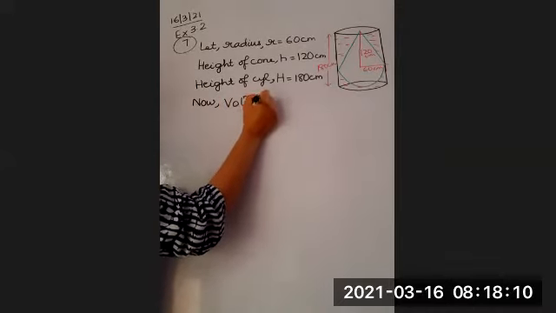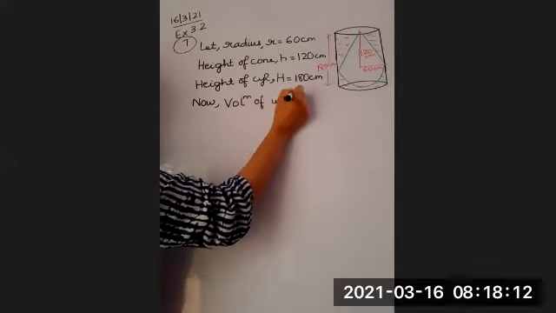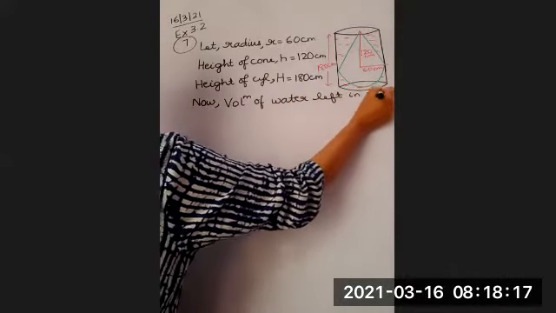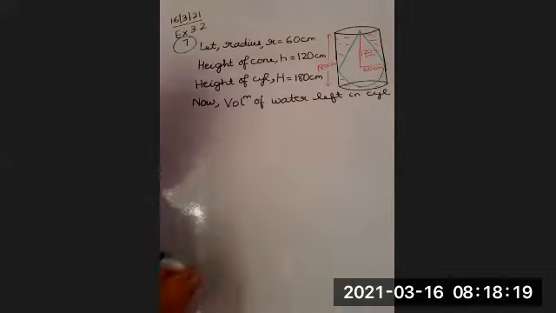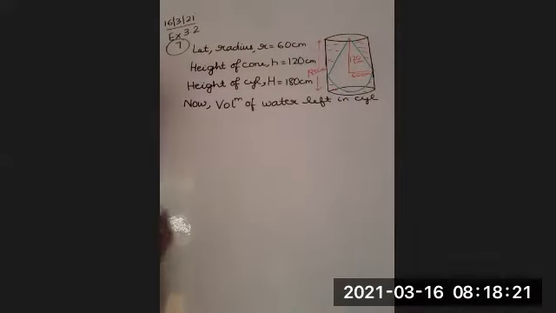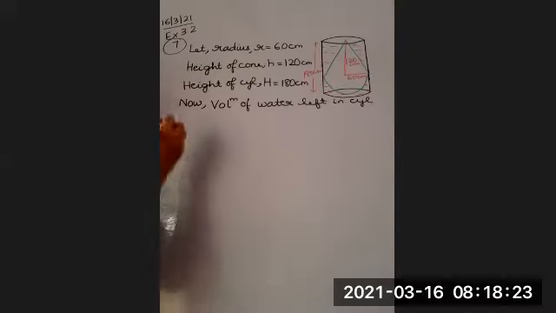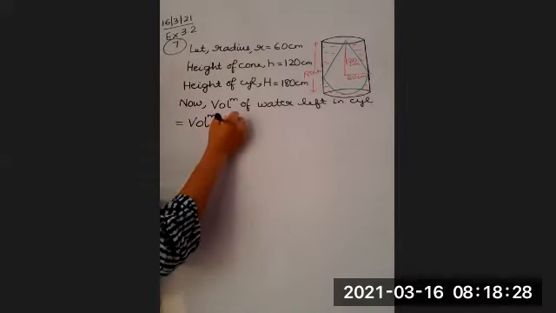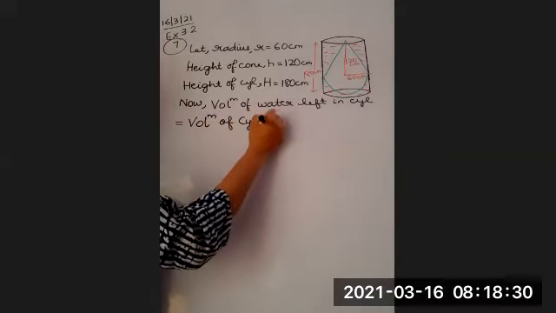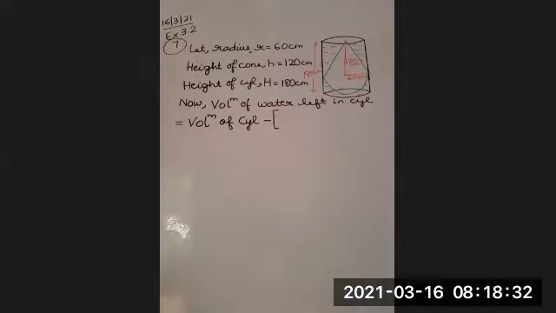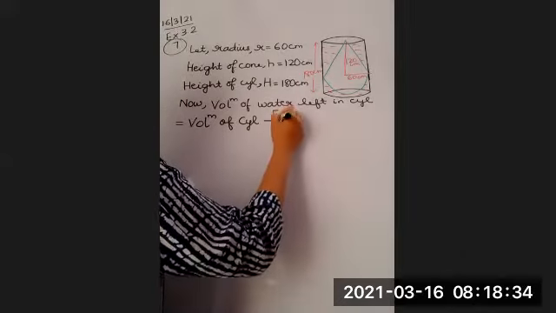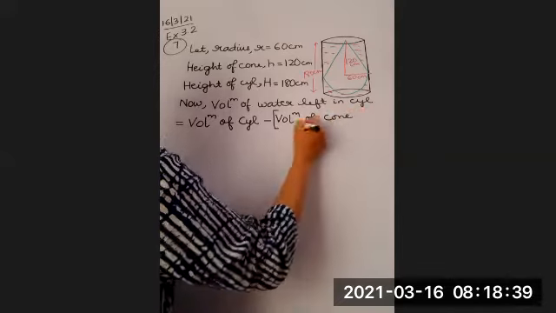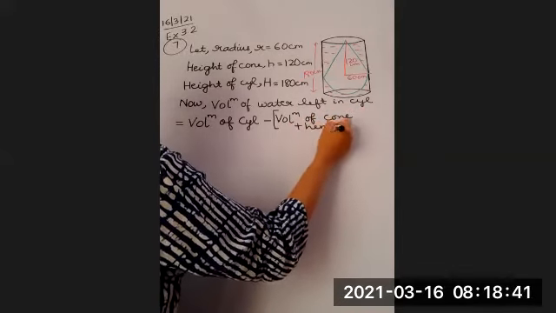Now, volume of water left in cylinder is equal to volume of cylinder minus, in the bracket I am going to write down, volume of cone plus hemisphere.